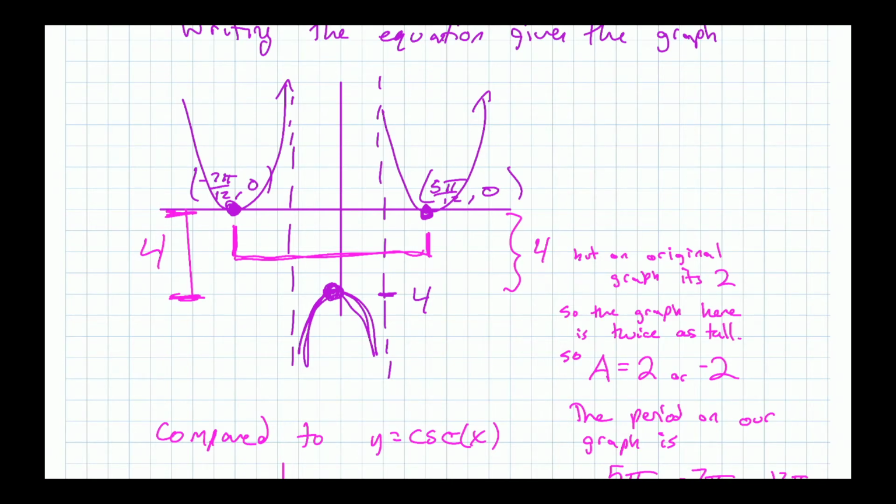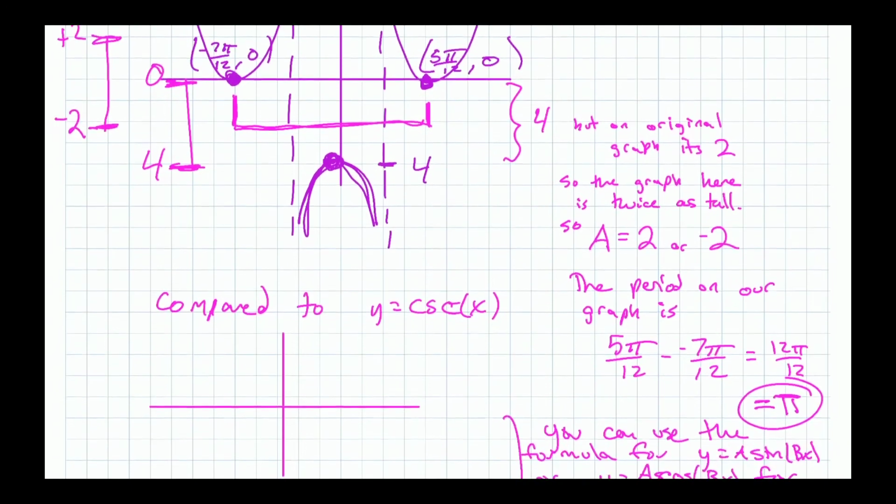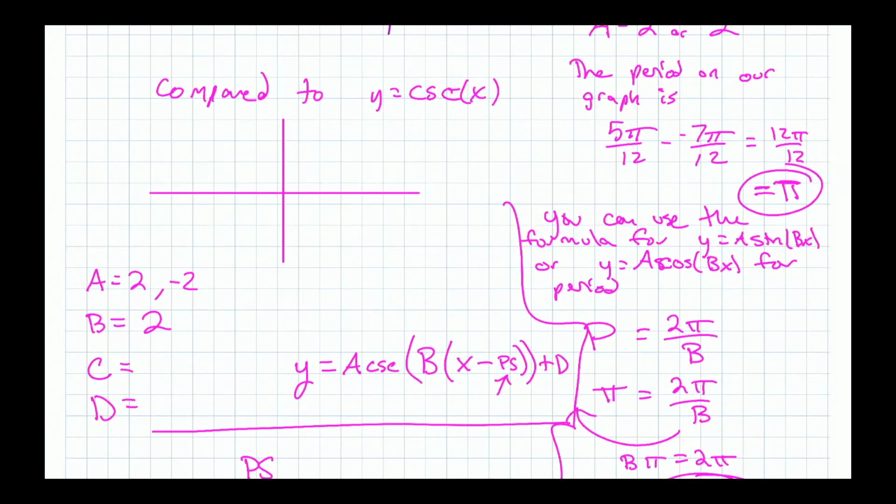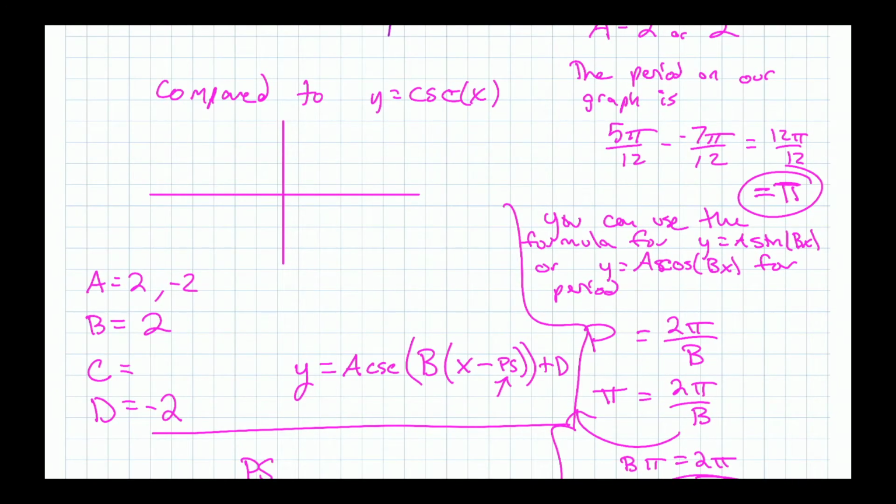Because it probably started like this, plus 2 and then minus 2, and then was moved down to get what we have, which was 0 to 4, right? So I can look at this graph and see that it's been moved down by 2. So I know that the D is minus 2.